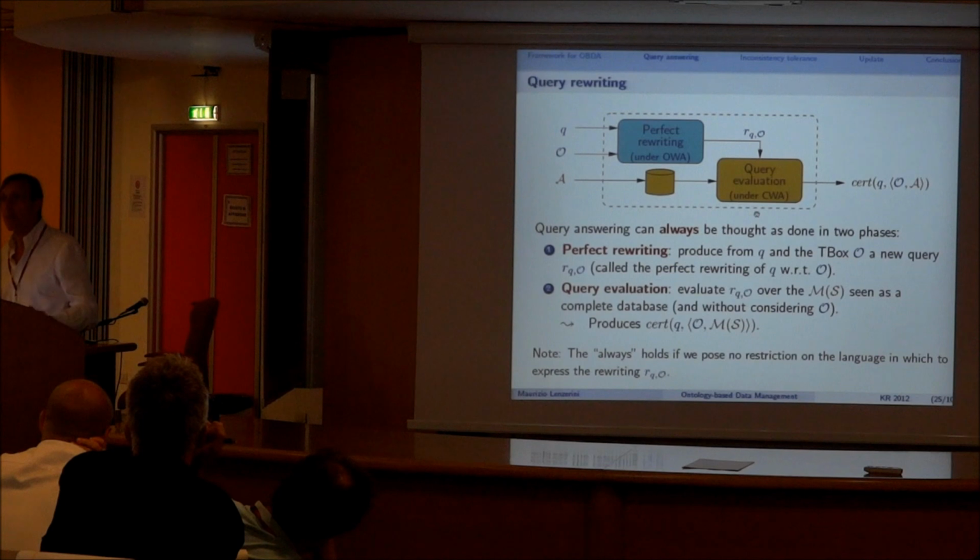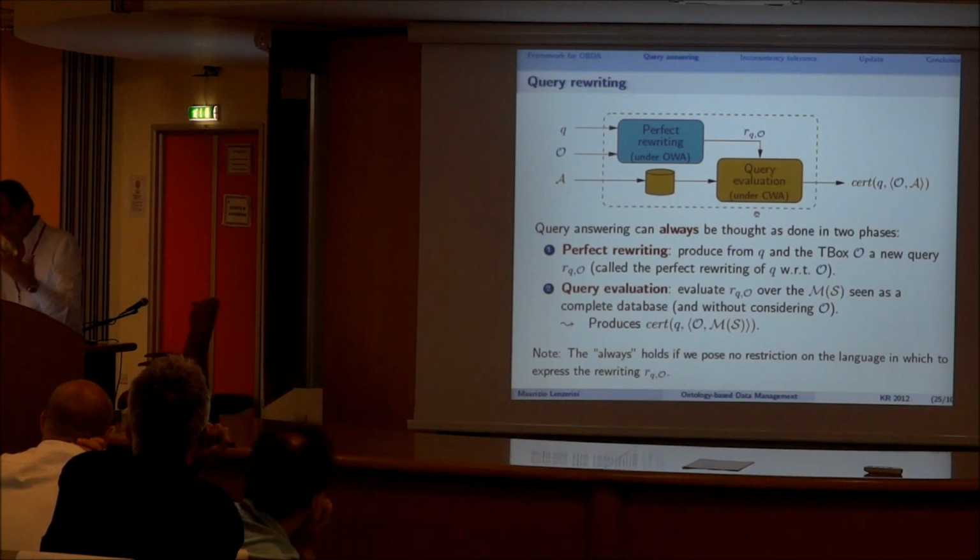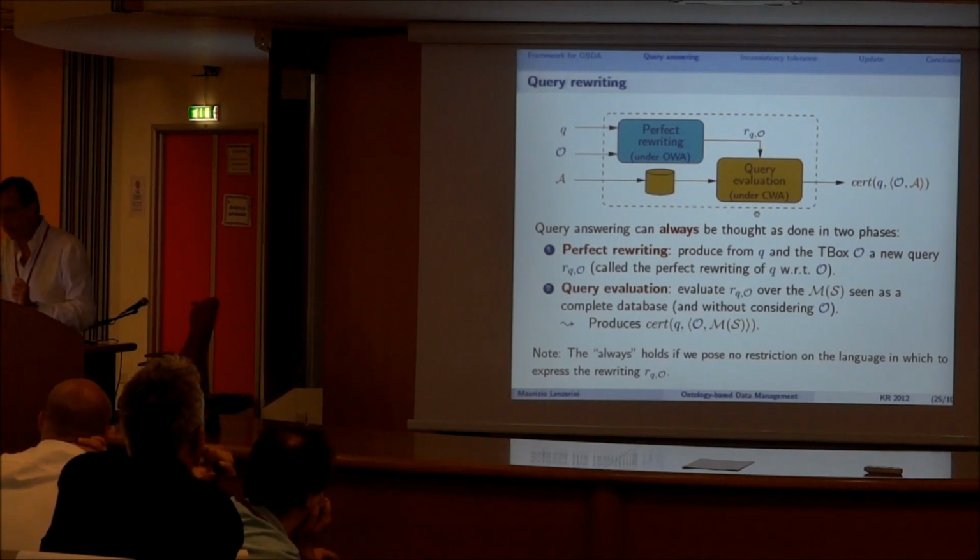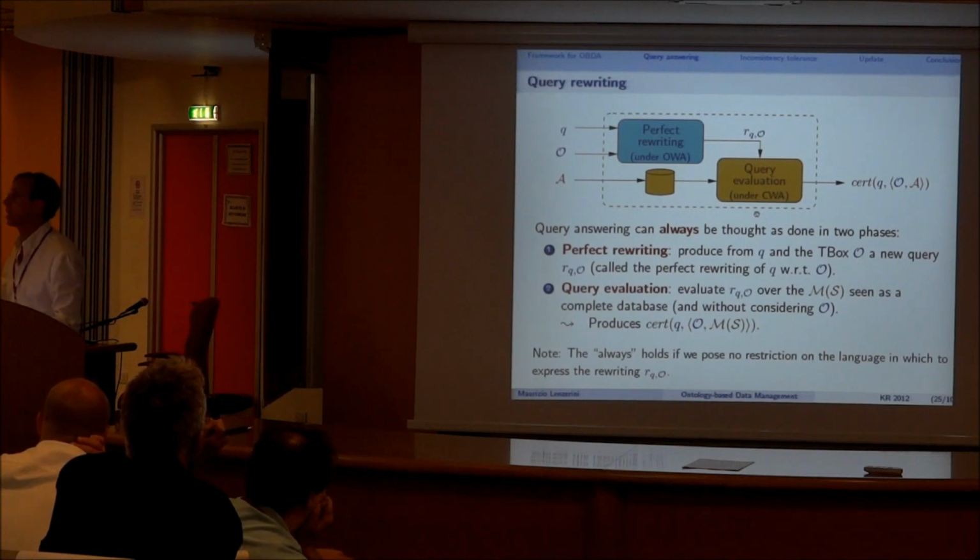In one step, you consider the query and the axioms of the ontology, and you compute a new query, let's call it R_Q,O. This query can then be evaluated over the structure corresponding to the database. The second step is just to evaluate the query.